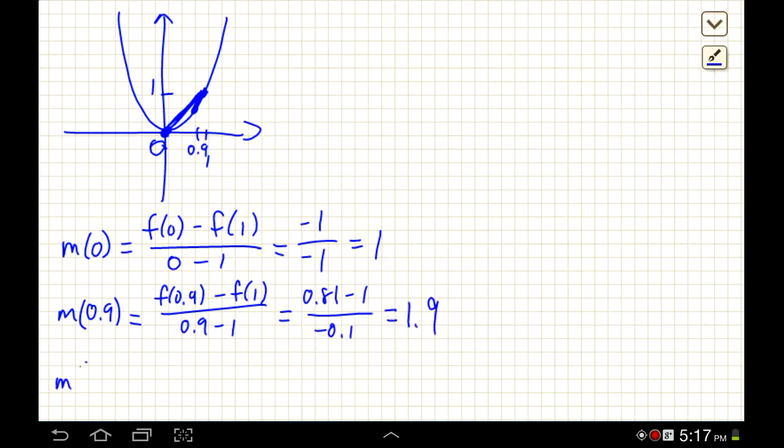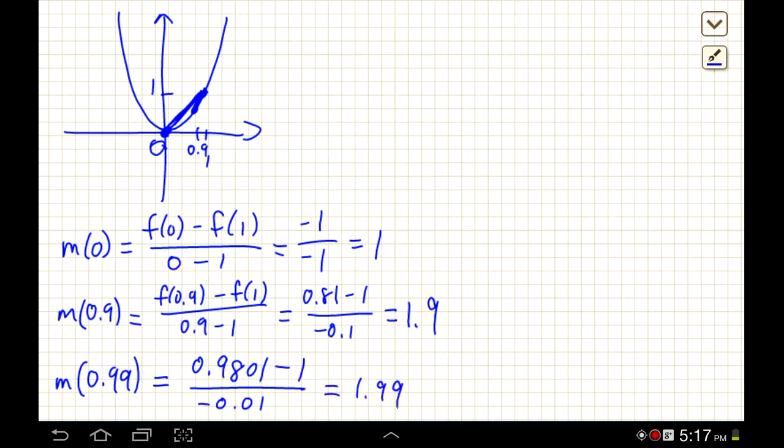And now let's say we pick yet a closer point to 1 from the left. Then what we will obtain here is 0.9801 minus 1 over negative 0.01. So this evaluates to 1.99.